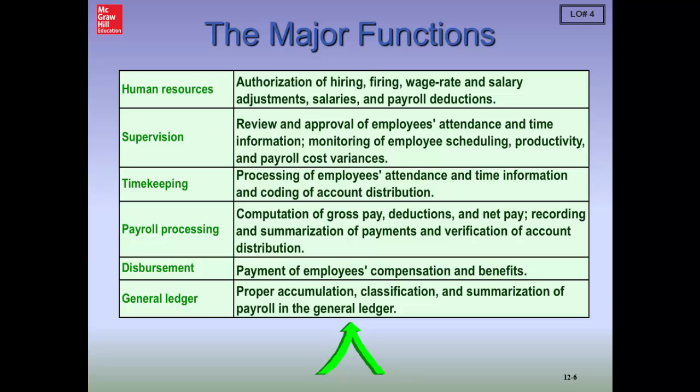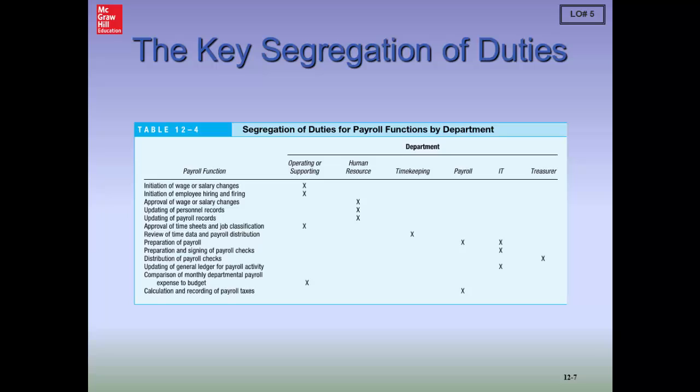Disbursement is the payment of the employee's compensation and benefits, and then we're going to be accumulating these in the general ledger. There's some very specific segregation of duties that's absolutely critical. The one thing that I want to focus on is the difference between human resources, timekeeping, and payroll. You notice that human resources is responsible for the hiring of the person.